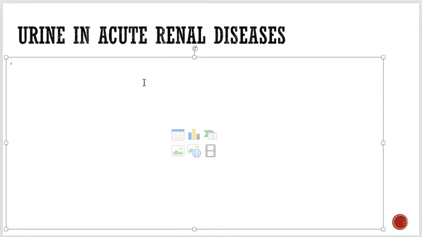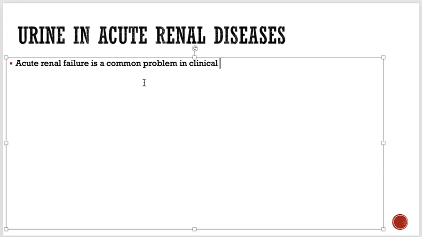Because acute renal failure is a common problem in clinical practice. You can see a lot of patients with renal failure or acute kidney injury. Why? Because whenever, for example, someone has hypotension, when not enough blood is going to the kidneys, or there is hypoperfusion to the kidneys, they may have acute kidney injury.